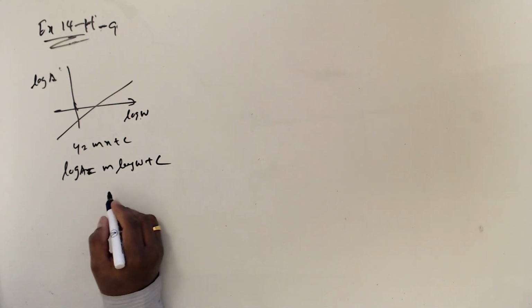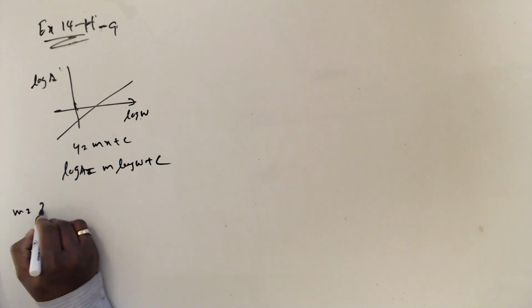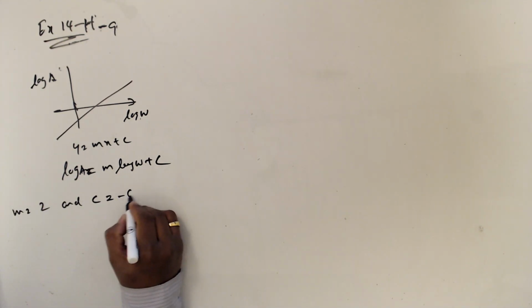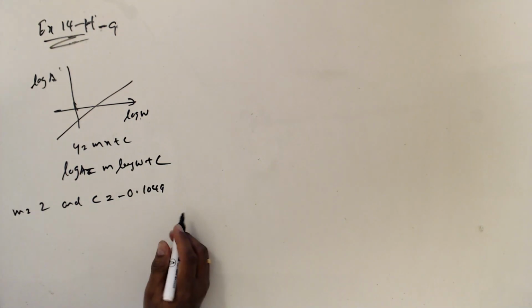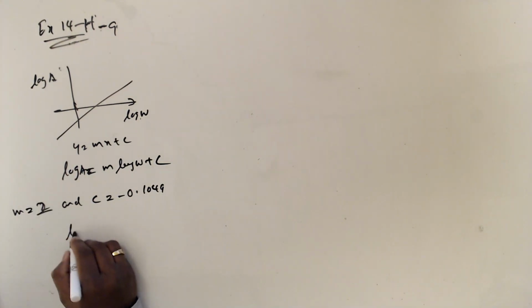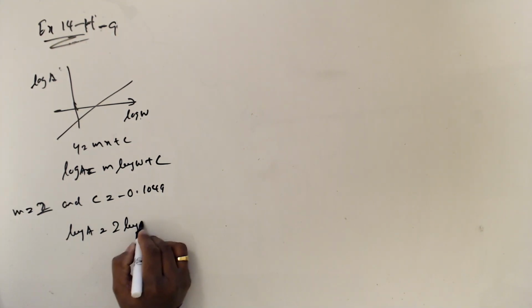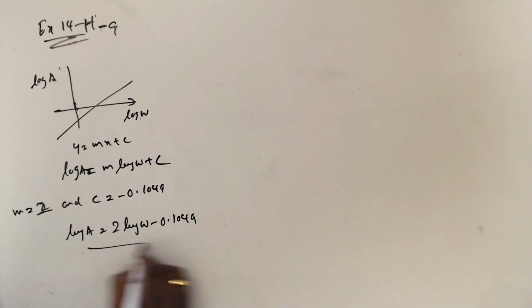Now gradient is given, that is m equal 2 and c equal minus 0.1049. So log a equal 2 log w minus 0.1049.